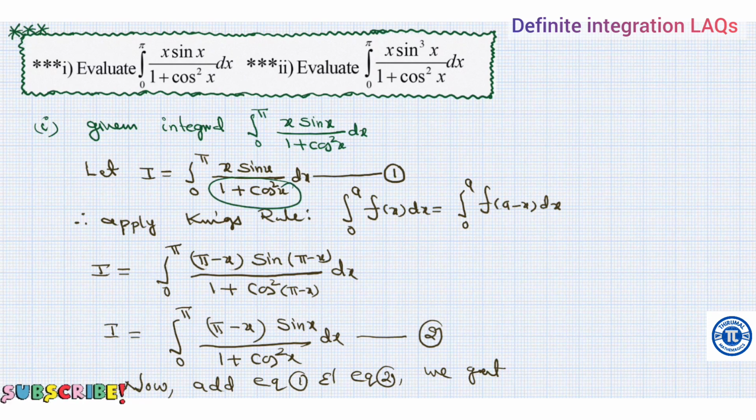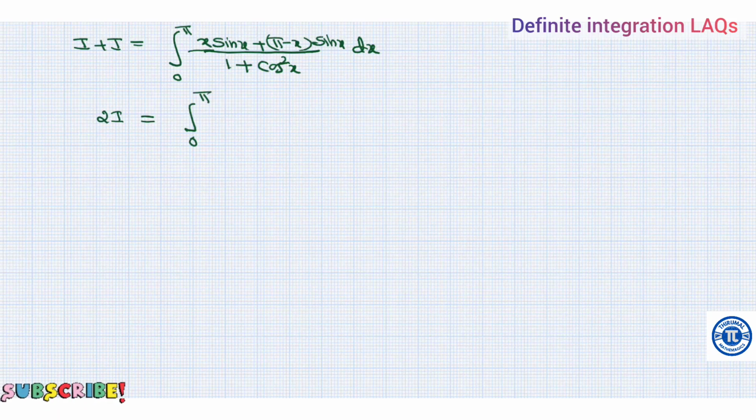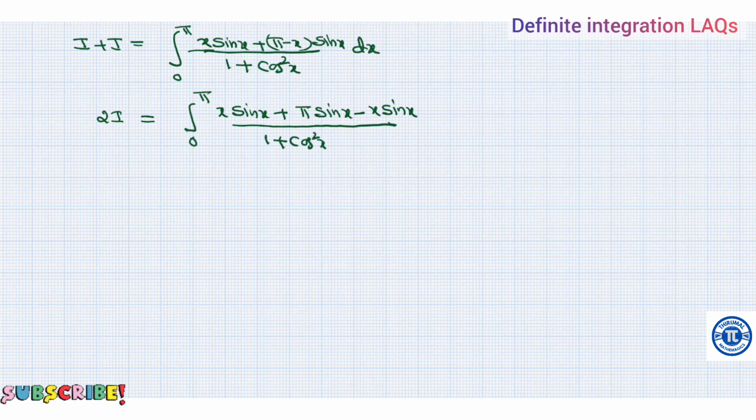But the numerator in the first equation is x sin x plus in the second equation pi minus x into sin x dx. So I plus I is 2I equals the integral from 0 to pi of x sin x plus pi into sin x minus x sin x by 1 plus cos square x dx.